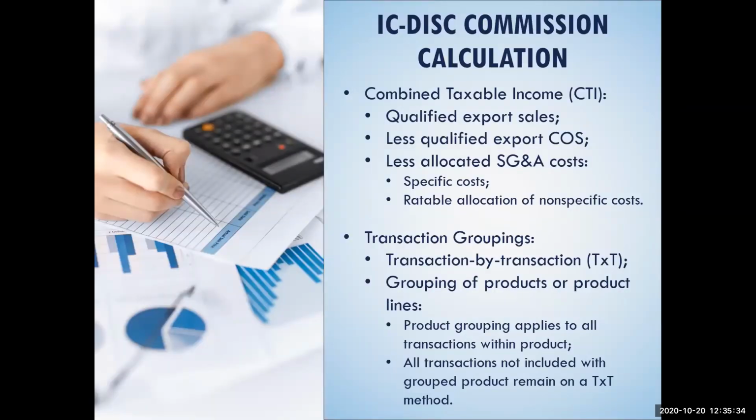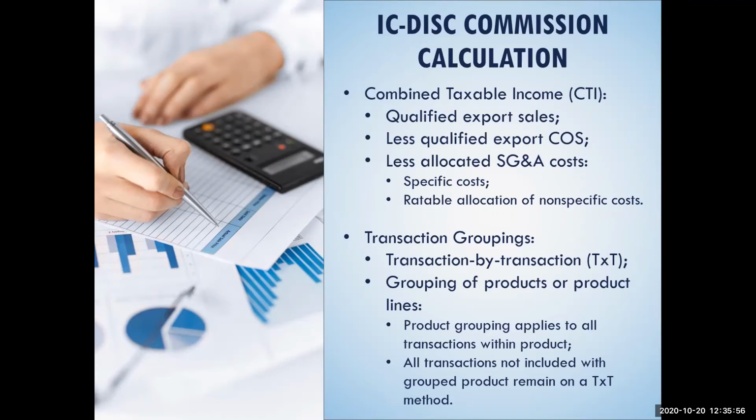So combined taxable income, to calculate that, simply we take our export sale, our qualified export sale, we subtract from that the cost of sale that is associated with that qualified export sale. And then we subtract from that allocation of SG&A costs.